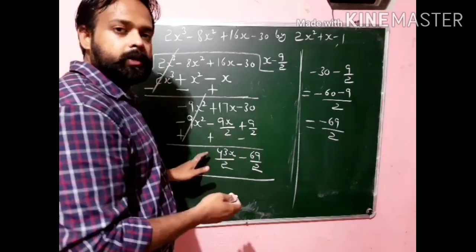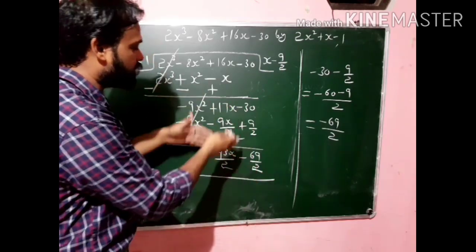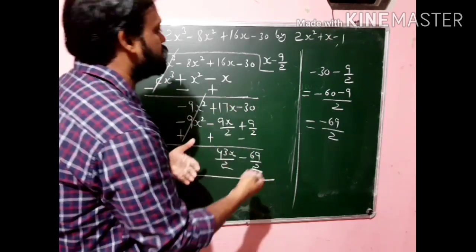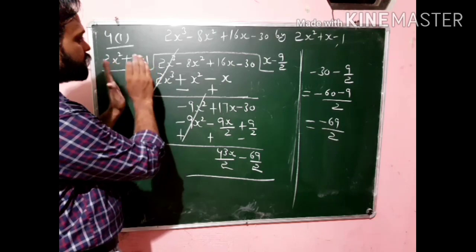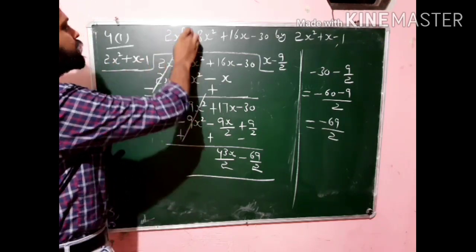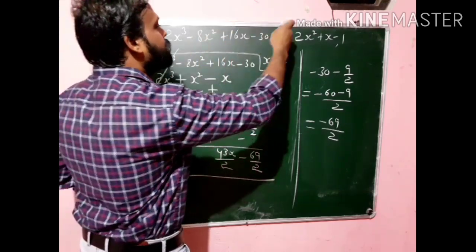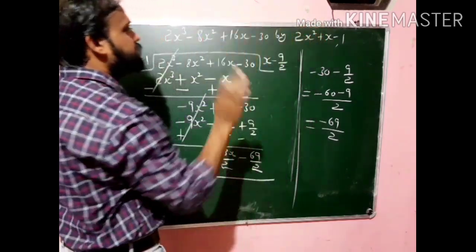Now see carefully. Now we have to understand up to which step we can divide the polynomial, means we have to continue the division. Now you can see, when we are dividing the polynomial, the power of the dividend is always equal to or greater than the power of the divisor. Listen carefully.